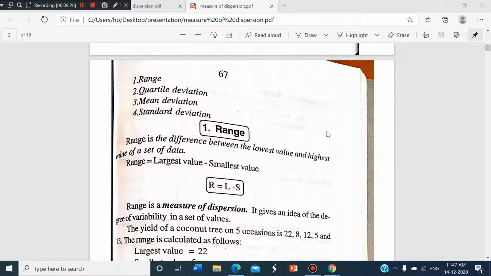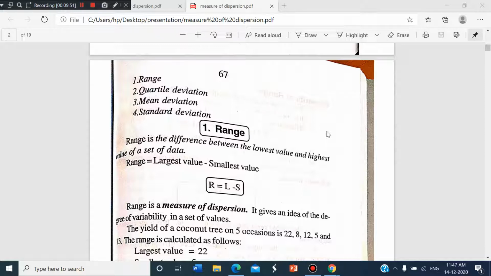So this range gives an idea of the degree of variability in a set of values. How? To understand this, let's work out one problem.